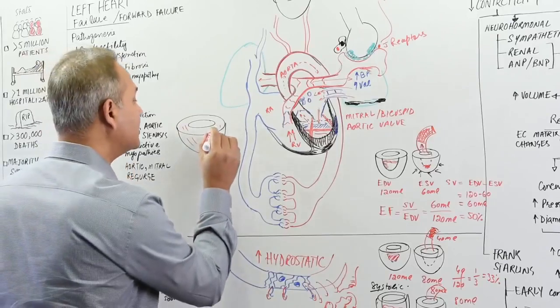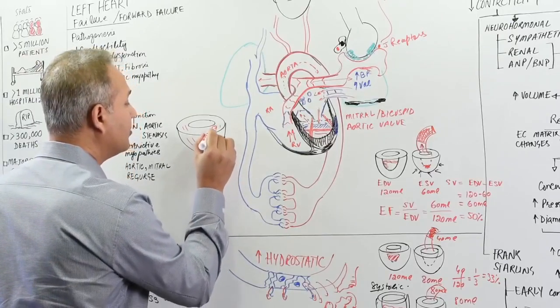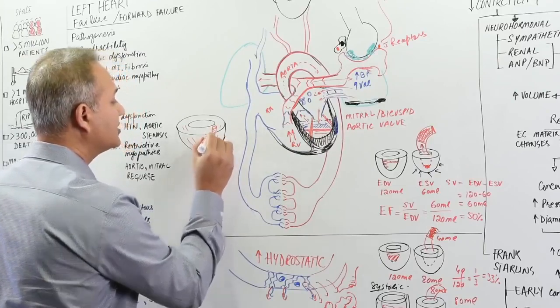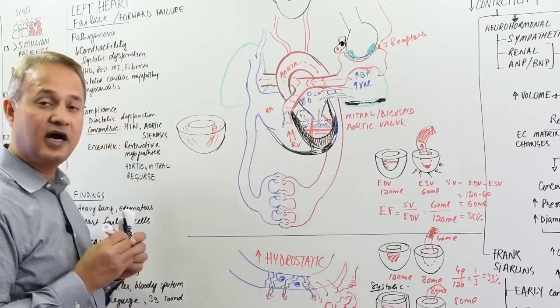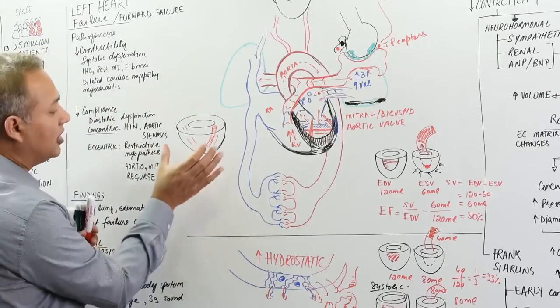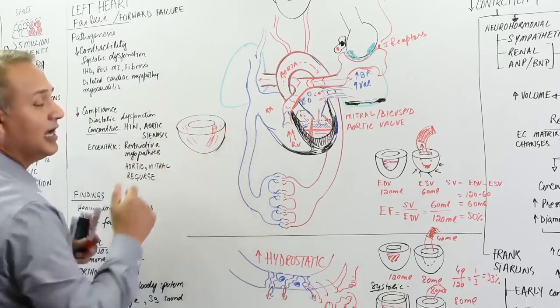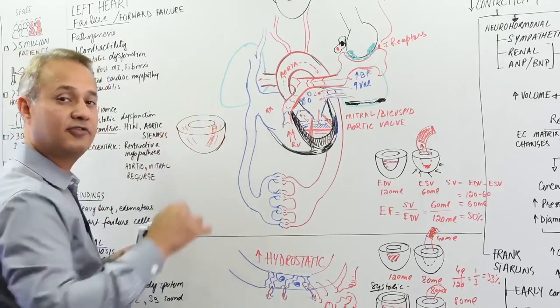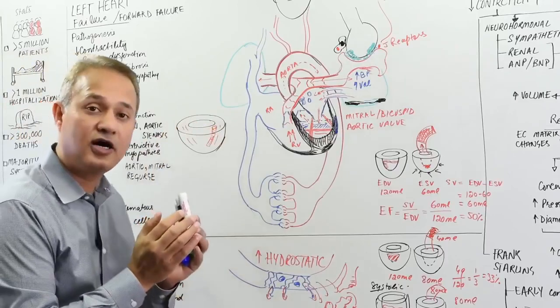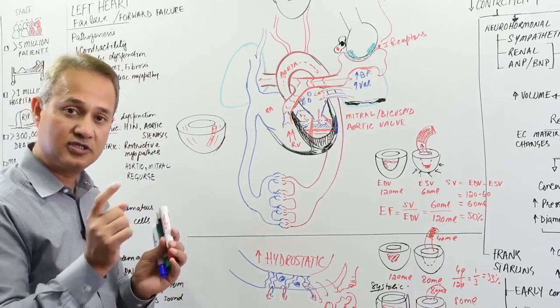So the number of sarcomeres is fine, but the diameter of the myocytes increases and the heart becomes thick. Now this thickening of the heart means it is growing inward. So what will happen to the cavity of the heart? The cavity of the heart will start becoming narrowed. That is dangerous.